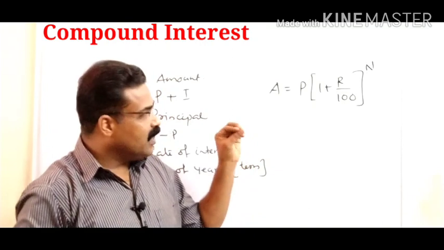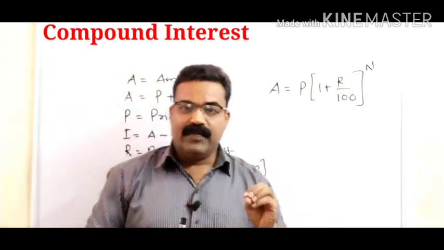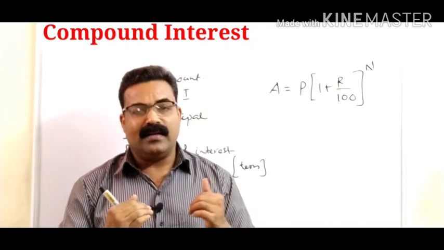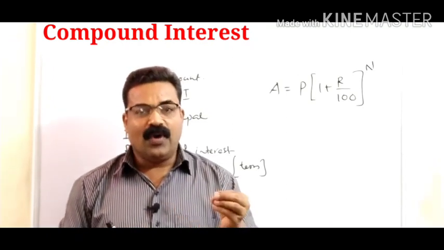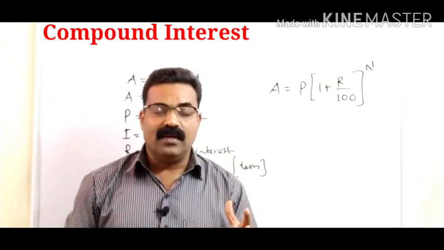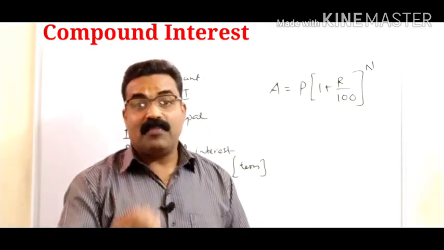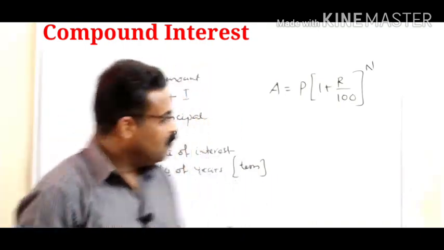So we have seen the important formula, A is equal to P into 1 plus R by 100 power N, and what A, P, R and N are. If you have that clarity, it is easy to apply this formula in different questions. Please note it. Then we will go to the important questions selected for today.